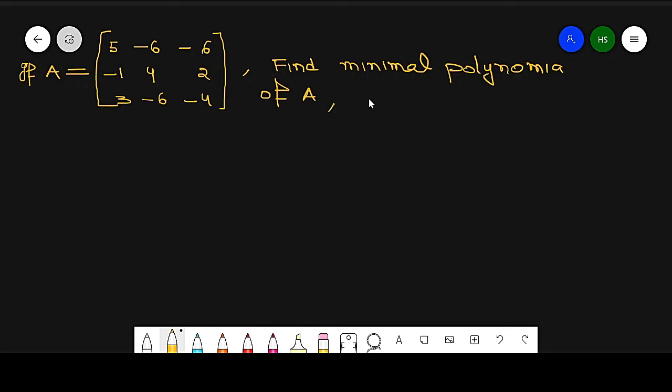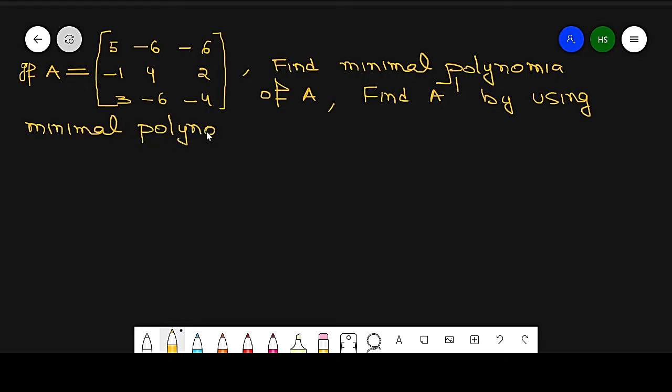And find A inverse by using the minimal polynomial of A. So this is a very important type.